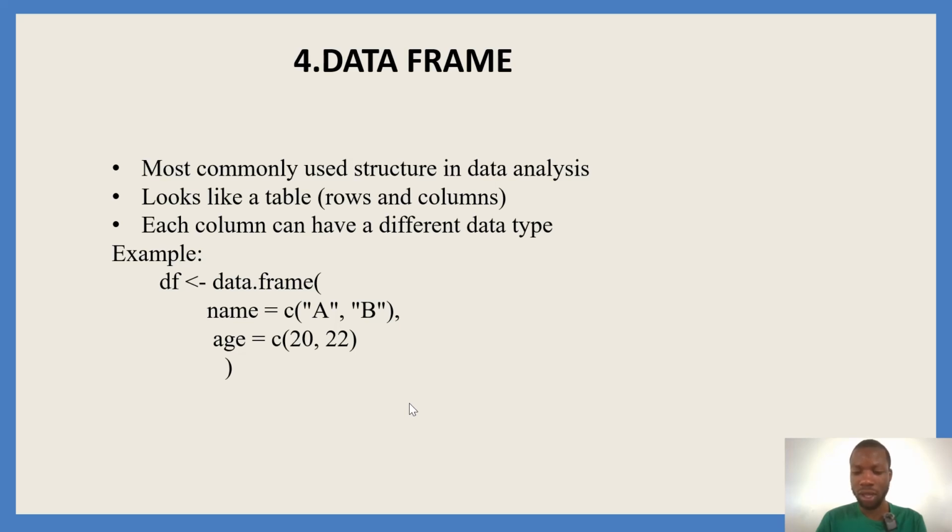The data frame can store different data types in terms of row and column. The matrix also stores values in rows and columns, but with the same data type. Here on the data frame, they store values in rows and columns but in different data types. So what we call a data frame in R or in Python, any programming language, but for us we are focusing on R programming, of course.